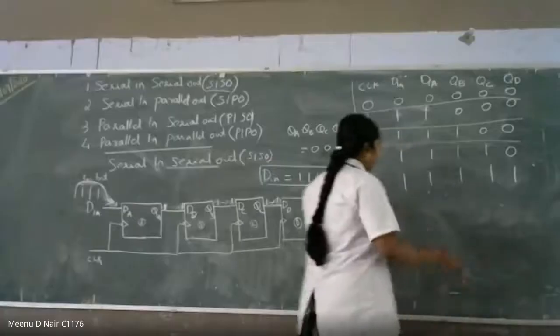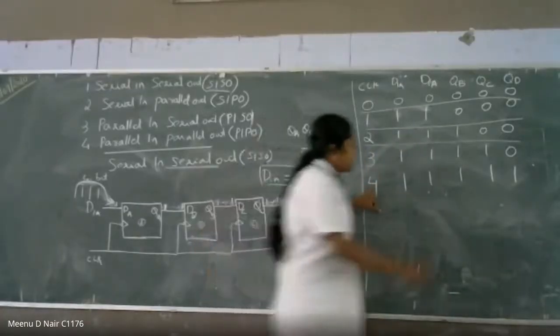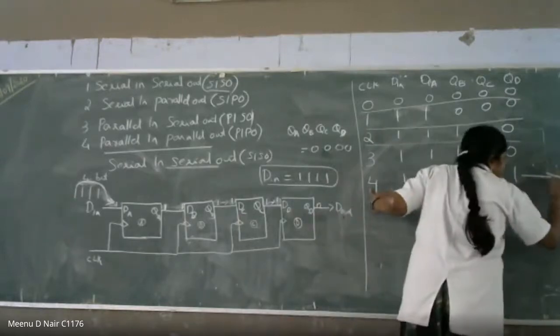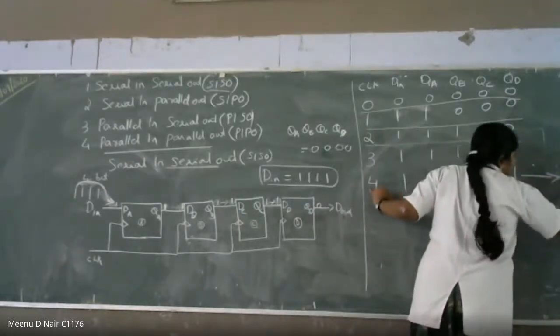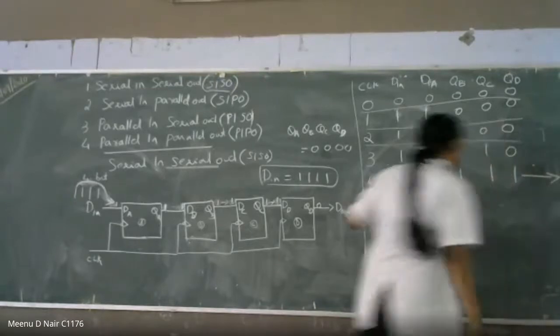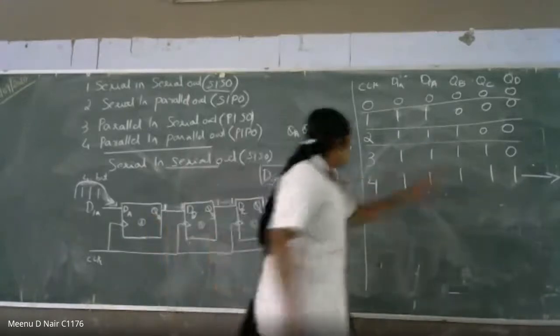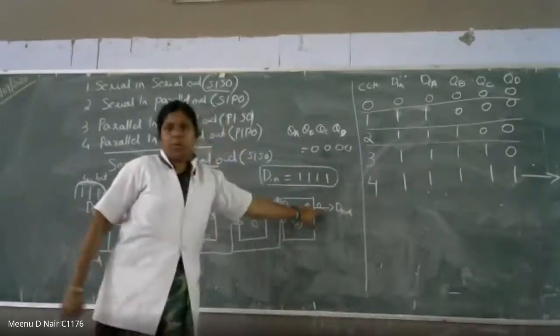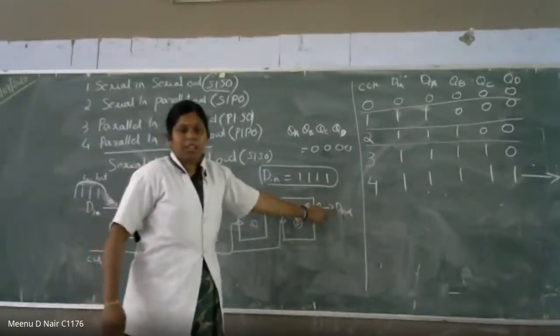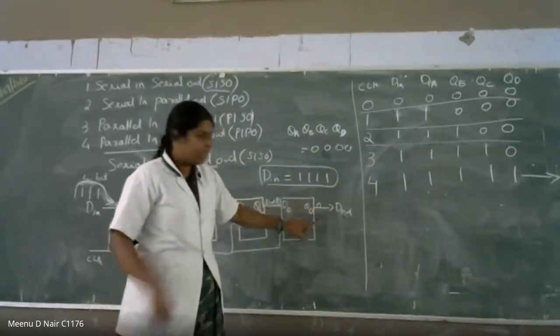Okay. Now at the time of the fourth clock pulse, you are outputting the first one, because you are getting output from QD only. You are connecting the output to the QD pin only, right?